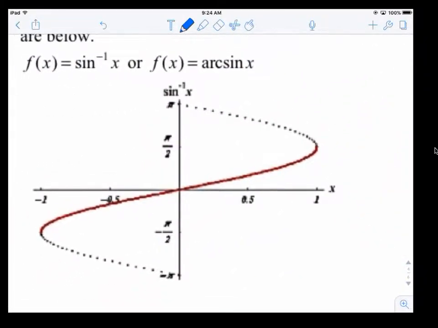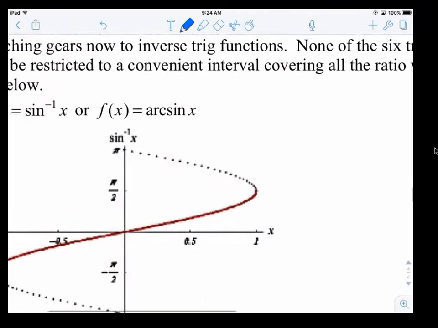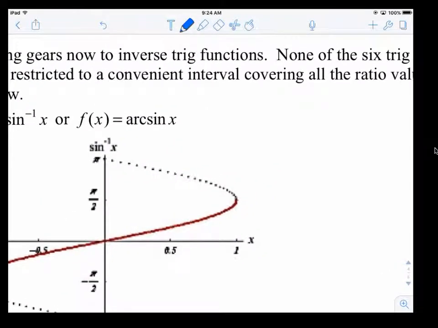All right, so inverse trig is the opposite of what trig is. So when you take sine of, say, pi over 4, you get radical 2 over 2, right?